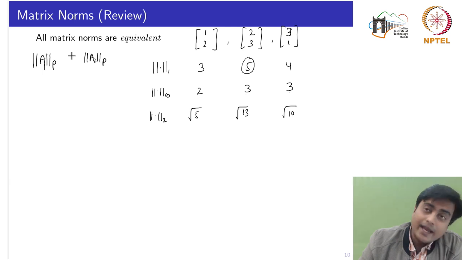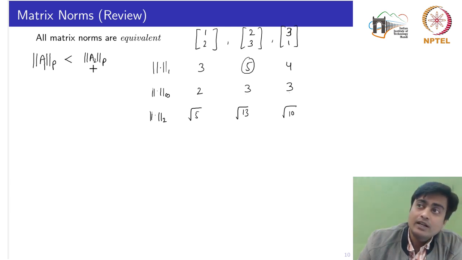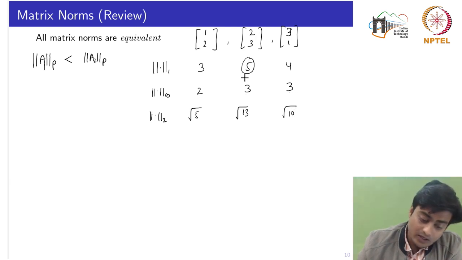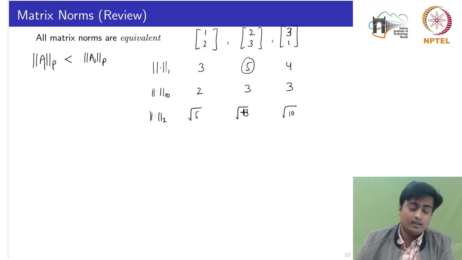Now if for any norm this relationship is satisfied, then for any of the p norms, p from 1 to infinity, and the Frobenius norm, this relationship will always hold. Okay, although the values might change, as we have seen in this example, for the second vector the 1 norm, infinity norm and 2 norm have different values with respect to the first and third vectors, right?